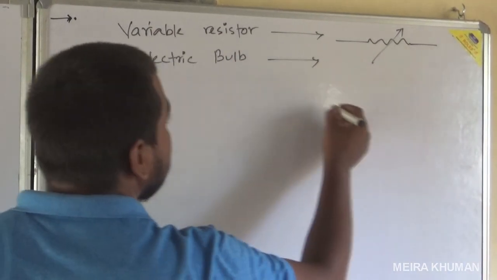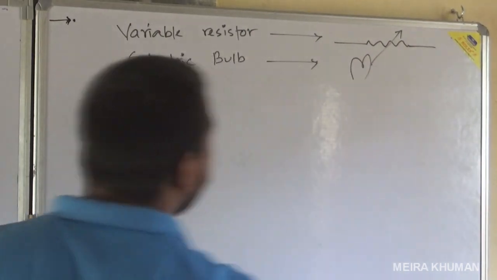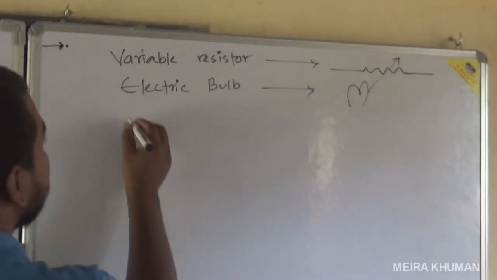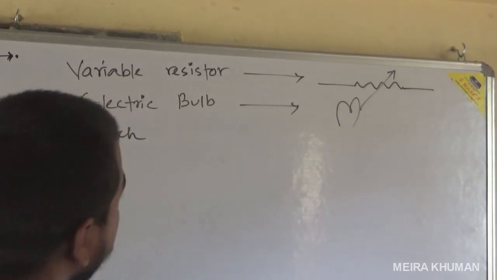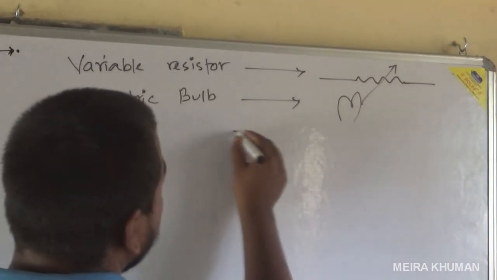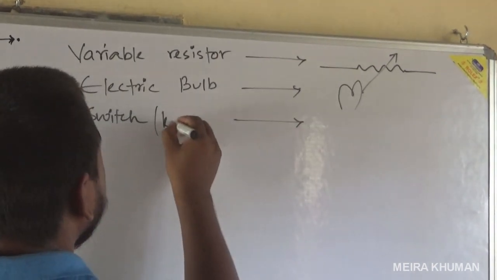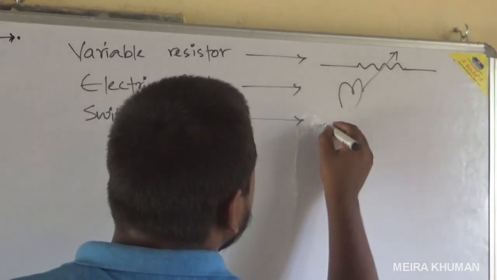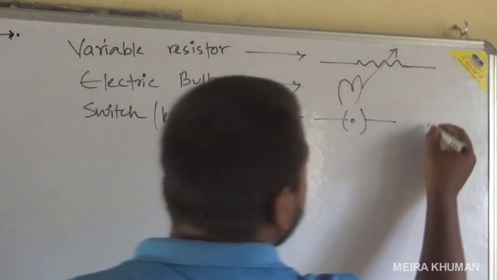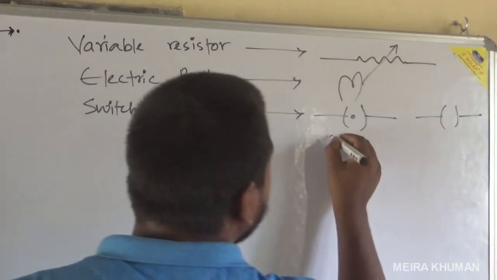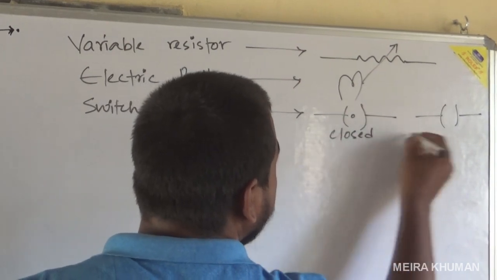So this is the symbol for electric bulb. Then switch. Switches will be in two modes, one will be closed, another one is open. So this is a closed key, and this is an open key.